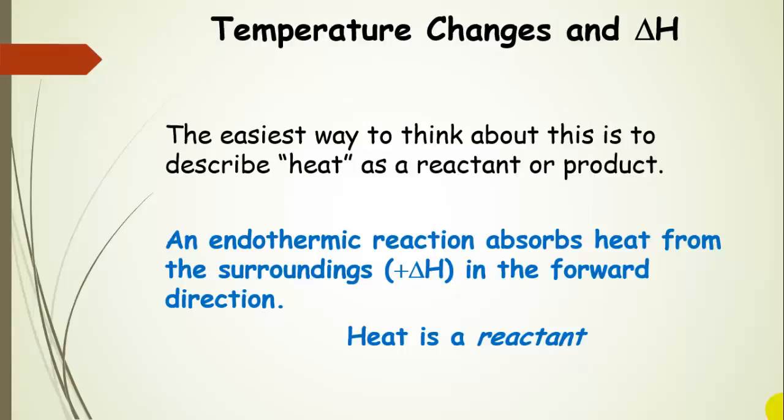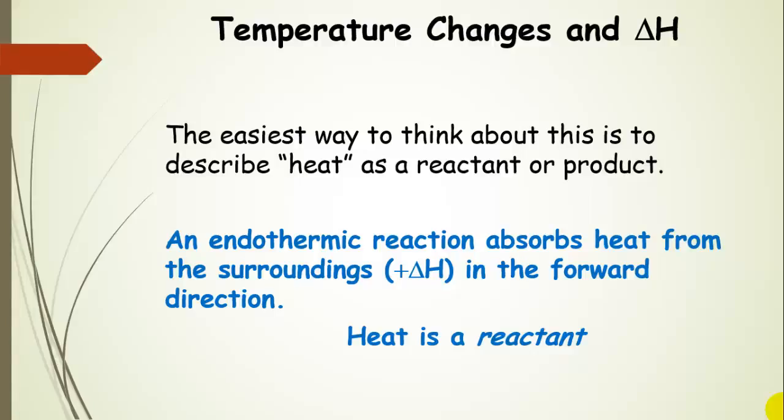So the easiest way to think about this is to think about delta H, which is enthalpy change, and think about heat as a reactant or product in the reaction. So for instance, an endothermic reaction absorbs heat from the surroundings. That's a positive delta H in the forward direction. So heat is a reactant.